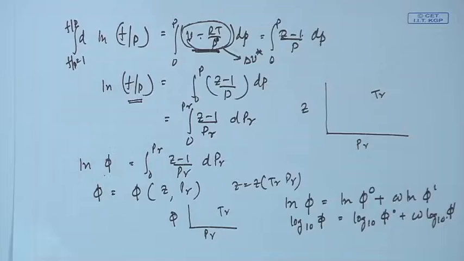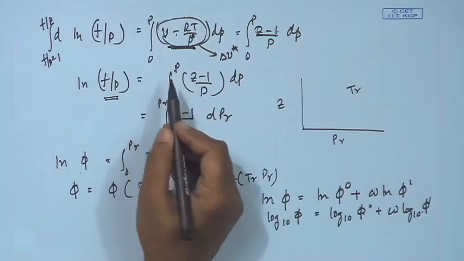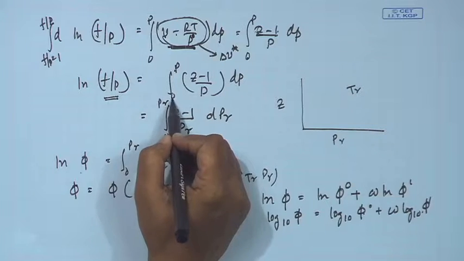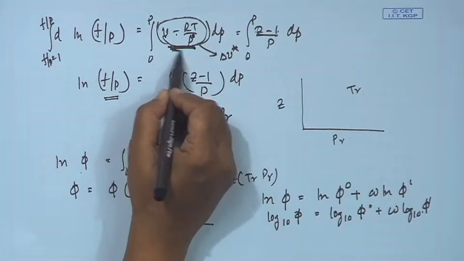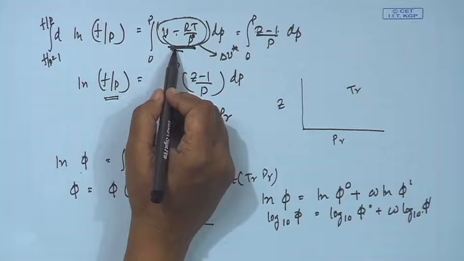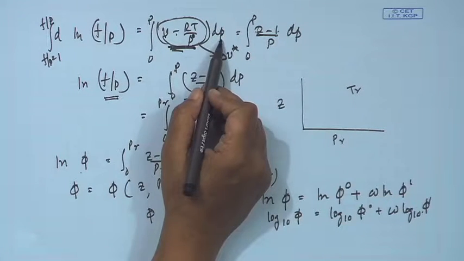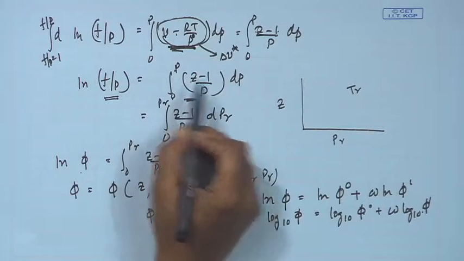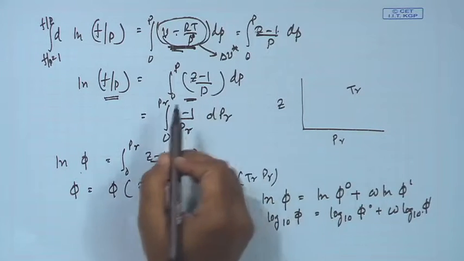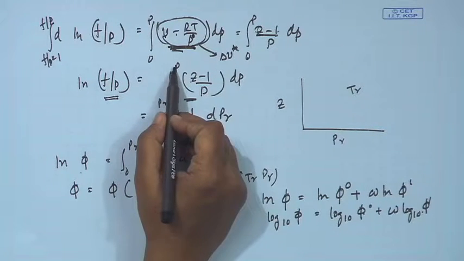Why? Because if you observe all the equations, the integration starts from 0 to P. So, if I have to integrate over this entire range, we need to know how volume and compressibility factor vary with pressure, right from 0 pressure to the pressure of interest.